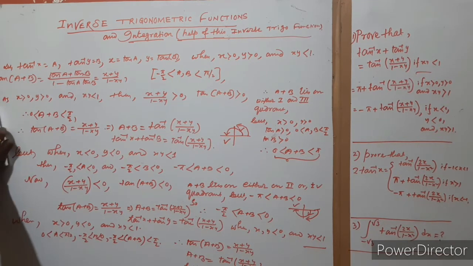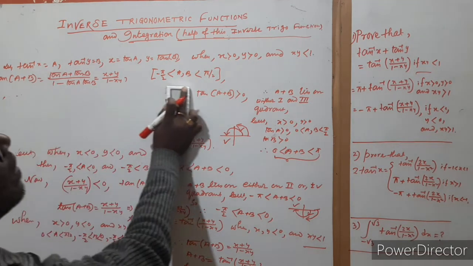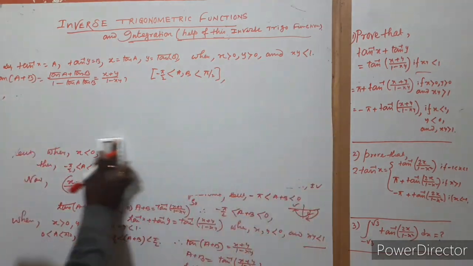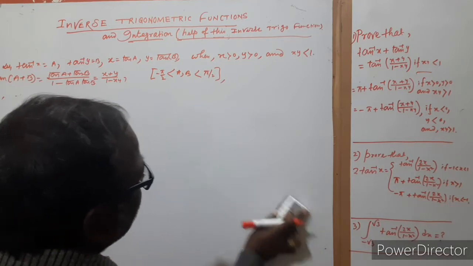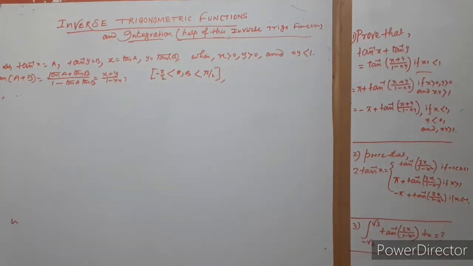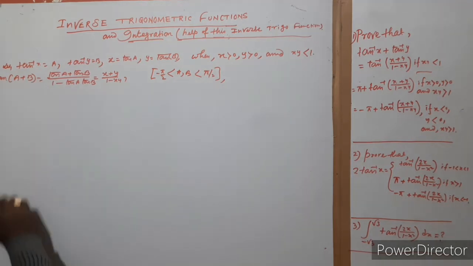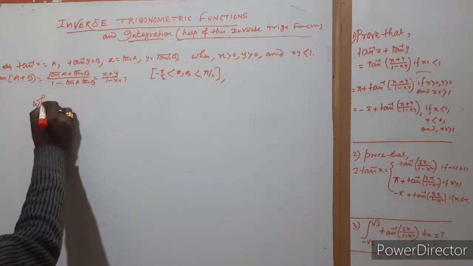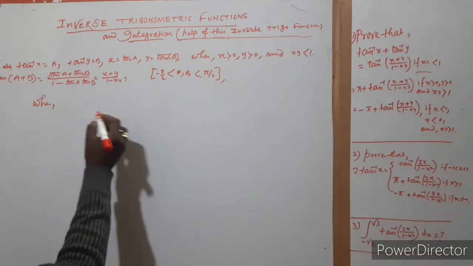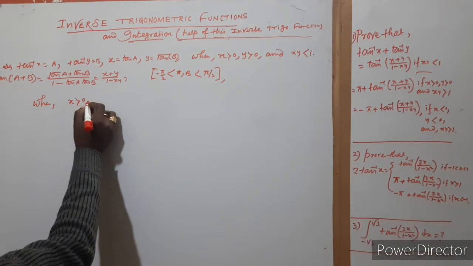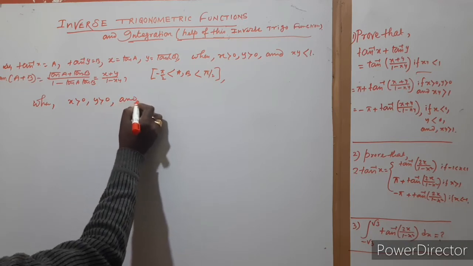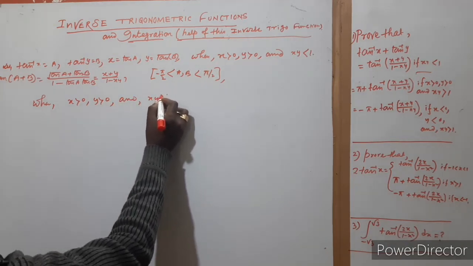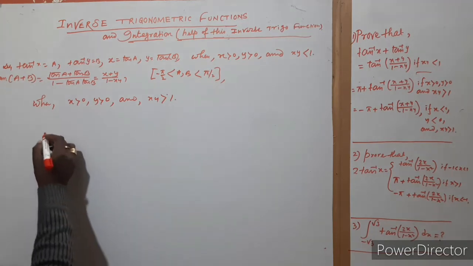And now the next point is the second case, when x is more than 0 and y is more than 0 and xy is greater than 1.